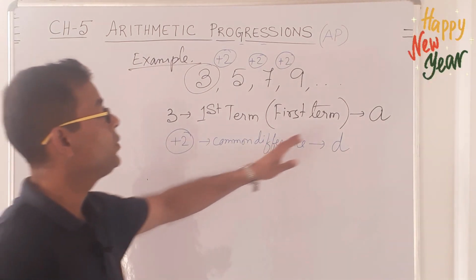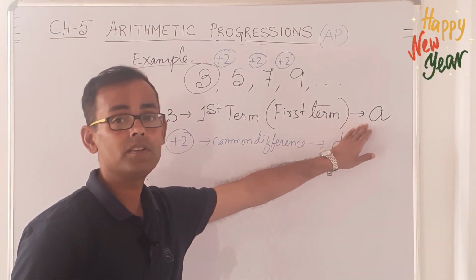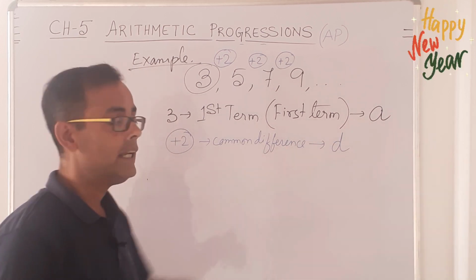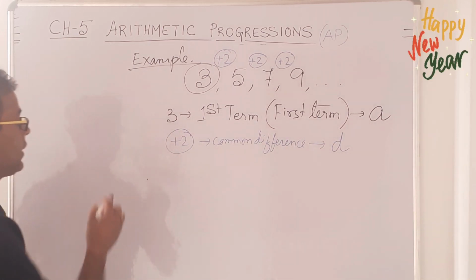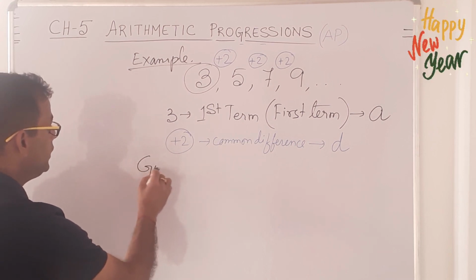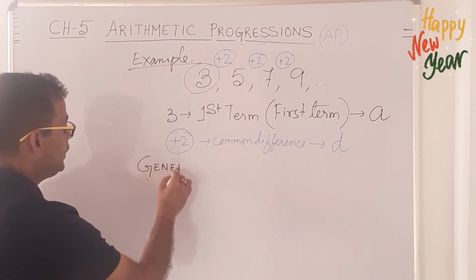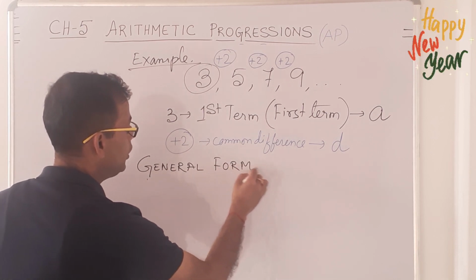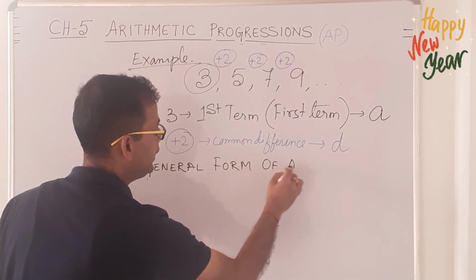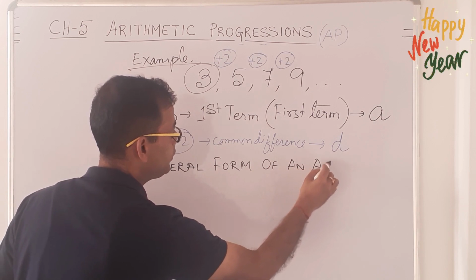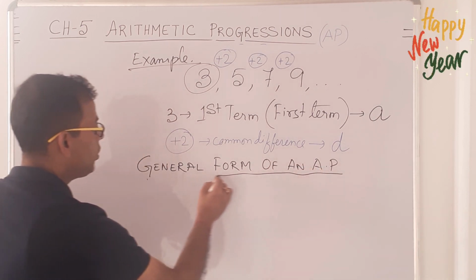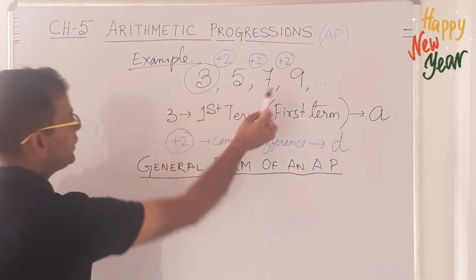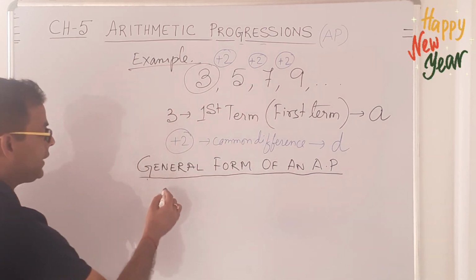So once we understand what is the first term and what is the common difference, then we can frame the general form of an AP. Now what is the general form of an AP? A pattern can be made.